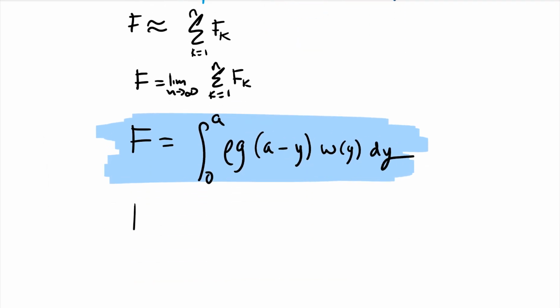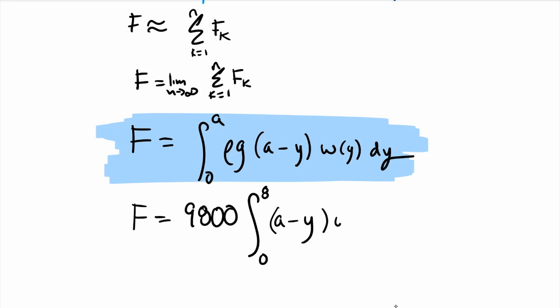When we take tests, we'll look at it this way instead. We'll take out that 9,800, because the density of water is 1,000 and gravity is 9.8 meters per second squared, or actually negative, but we're going in the opposite direction. So whatever the top is, minus y, times the width. The game will be finding the width.